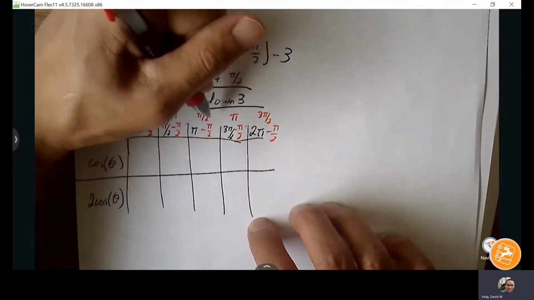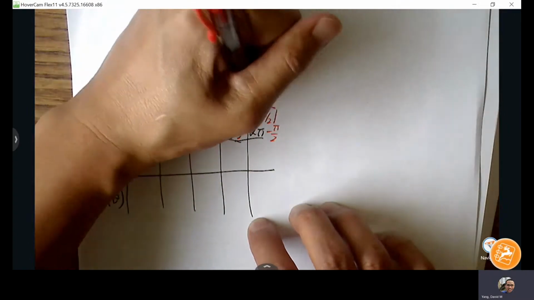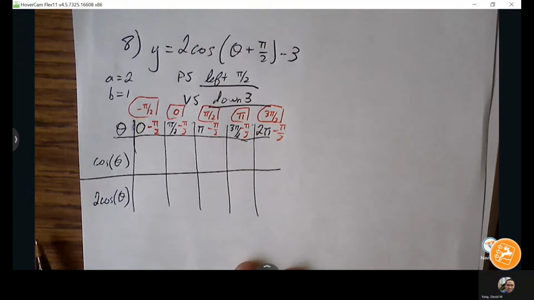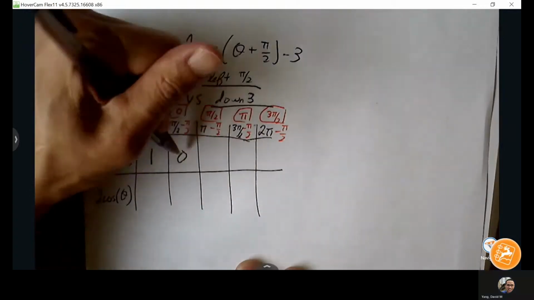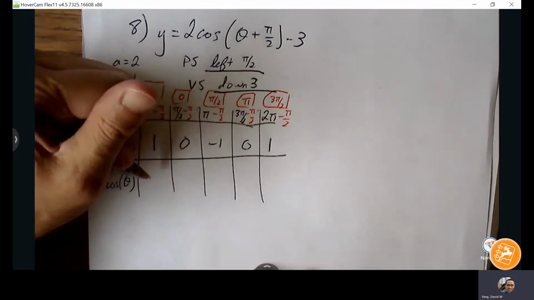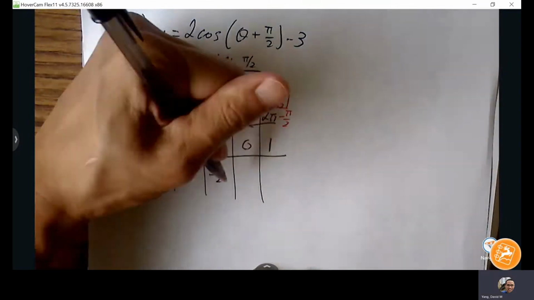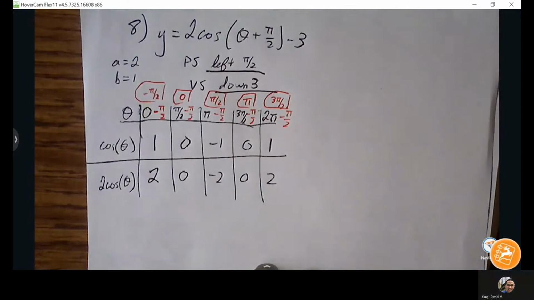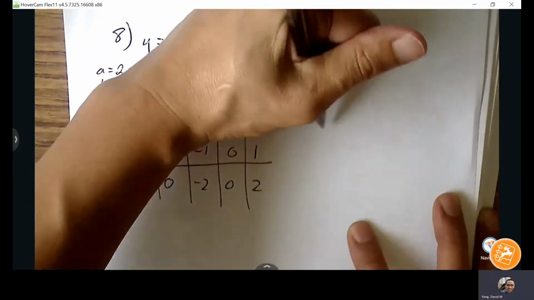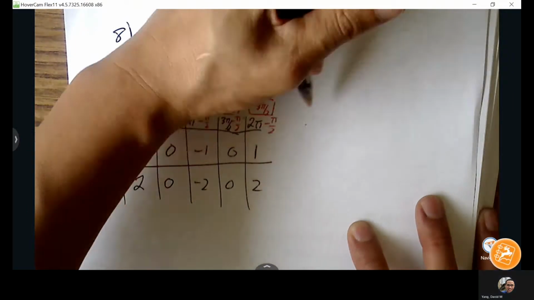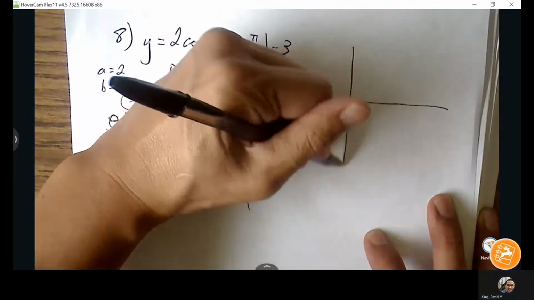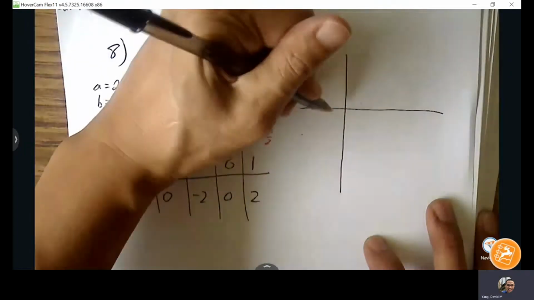Okay, so I made my shift to the left. Cosine starts at 1, multiplied by 2. Create our graph and mark our x values.